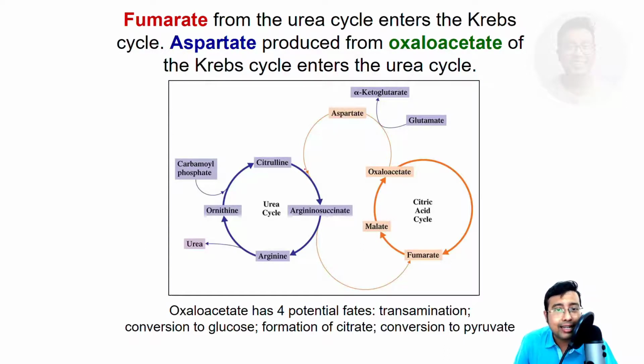The aspartate that is coming inside the urea cycle is actually coming from the Krebs cycle, from oxaloacetate, right? How is it formed? Via transamination, right? And the fumarate that is going out from the urea cycle is an intermediate of the TCA cycle. So fumarate goes out and aspartate comes in. So both are actually related.